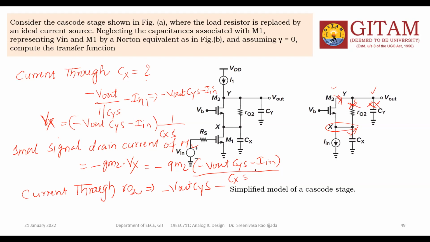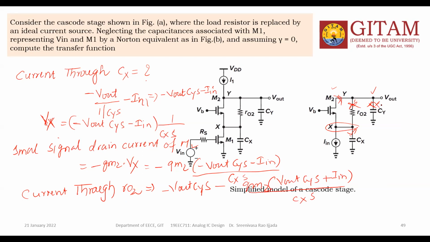So that is the other current: minus gm2 into Vout into Cys, plus Iin by Cxs.